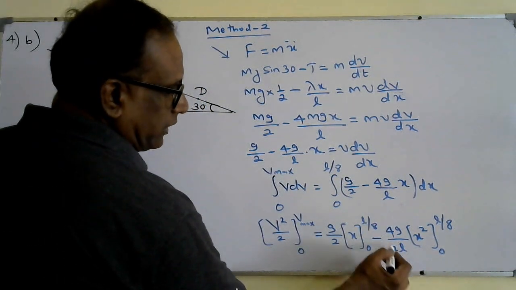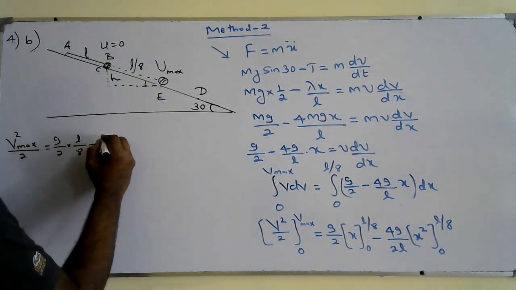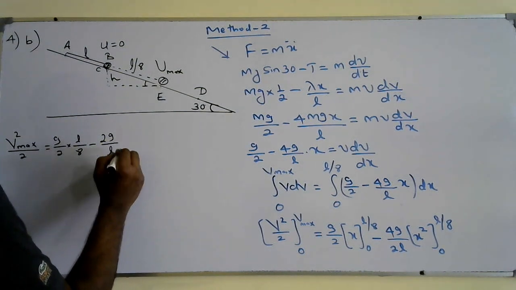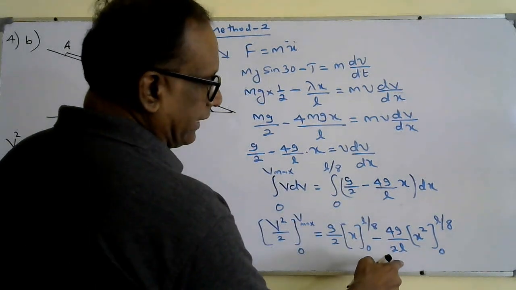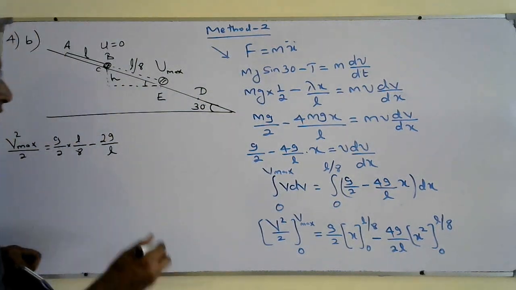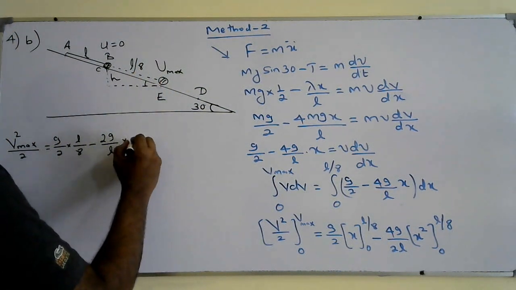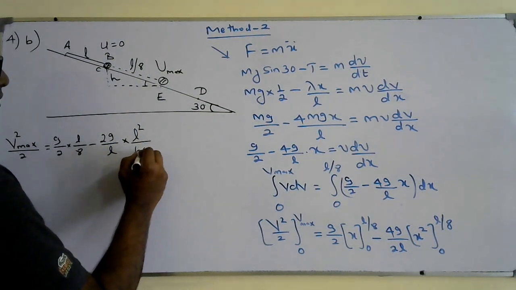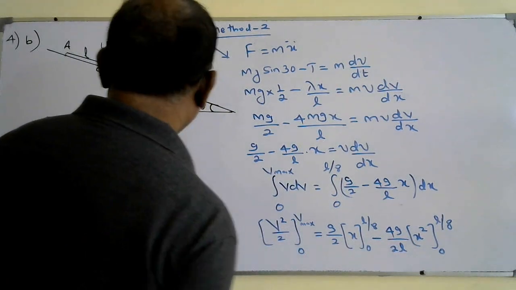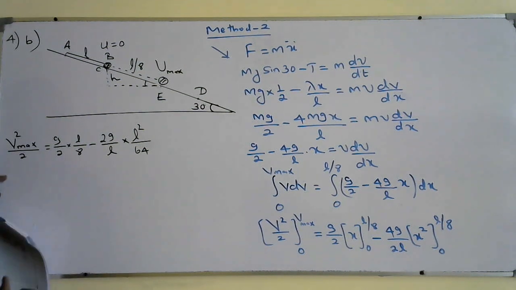So 4g over 2L, that is 2g over L, times x squared, which means L squared over 64, minus 0. Solve this and you will get V max.